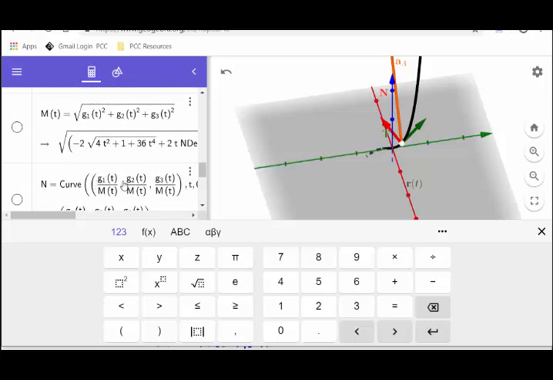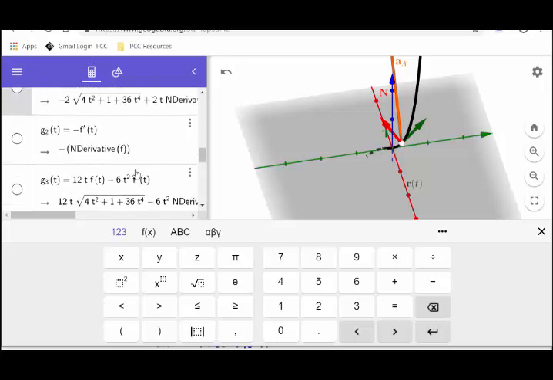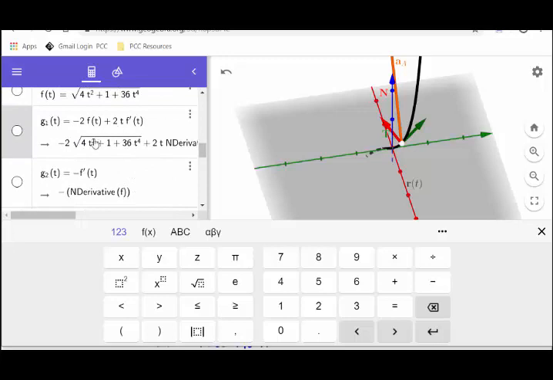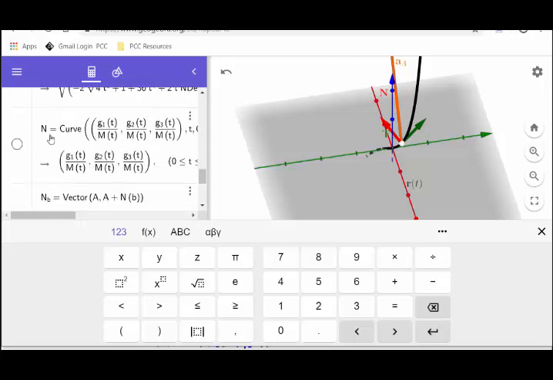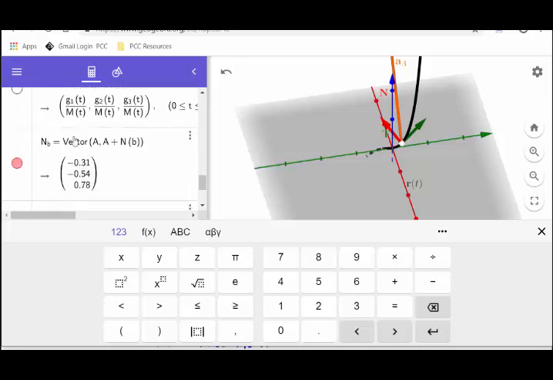So I built up the components one at a time, and I'll leave that as an exercise for you to look through on your own. But I built that up so that I could get my unit normal vector function, and then built my unit normal vector from the b value from the slider above.